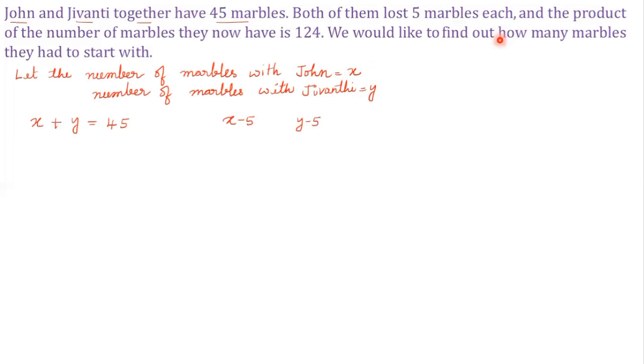It is given that the product of the number of marbles they have now, x minus 5 and y minus 5, is 124. So (x minus 5) into (y minus 5) is equal to 124.